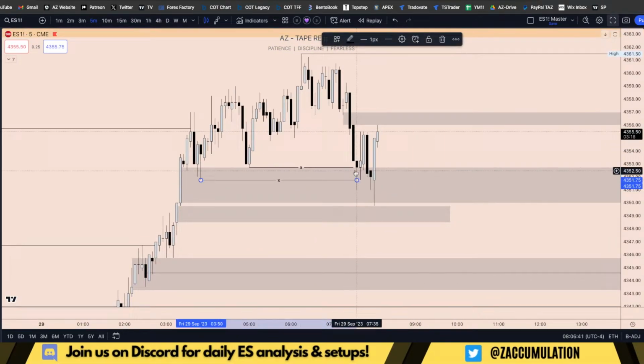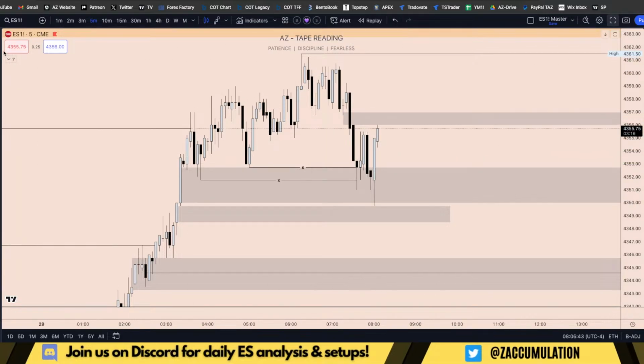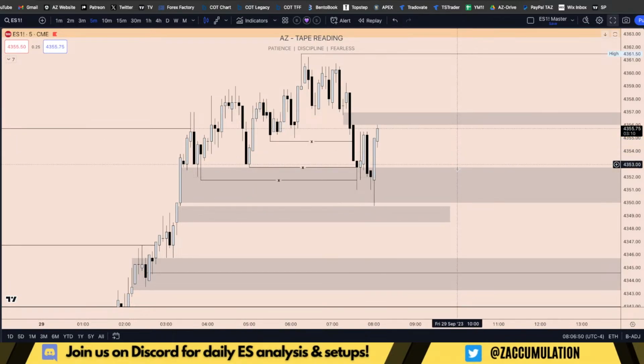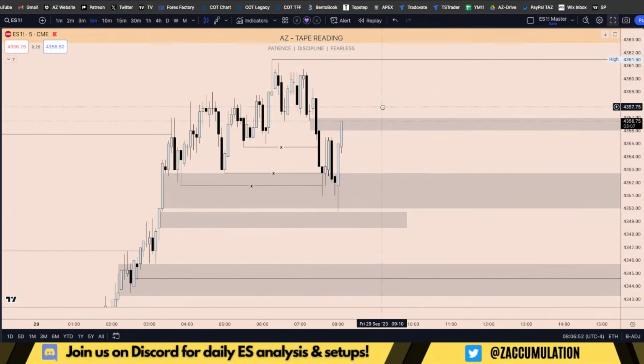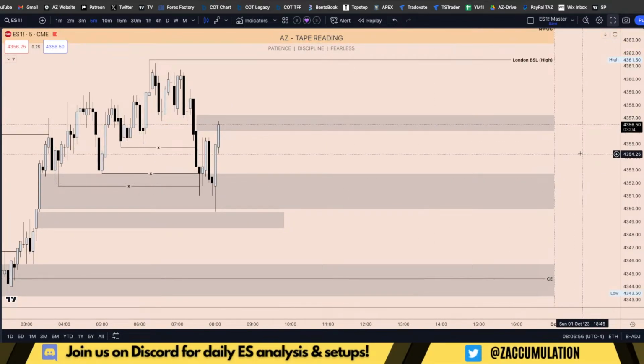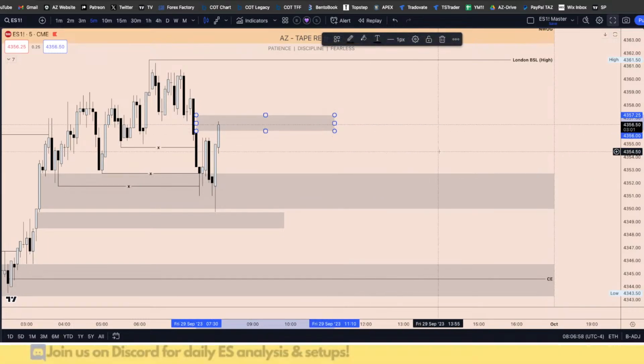Alright, we swept that sell side and this sell side. And these two relative equal lows as well. We have buy side above us. We have this bearish 5 minute fair value gap.